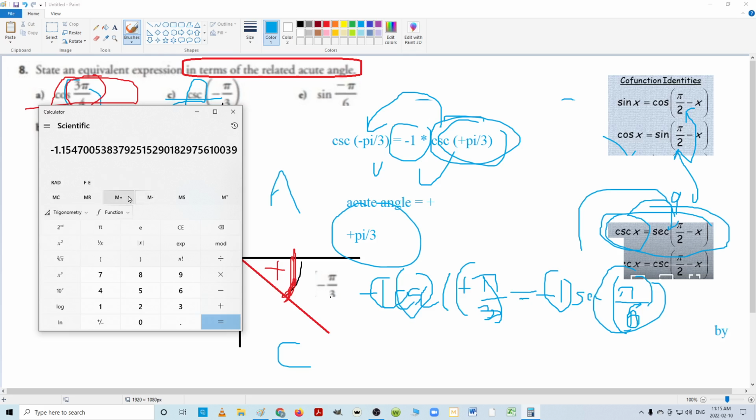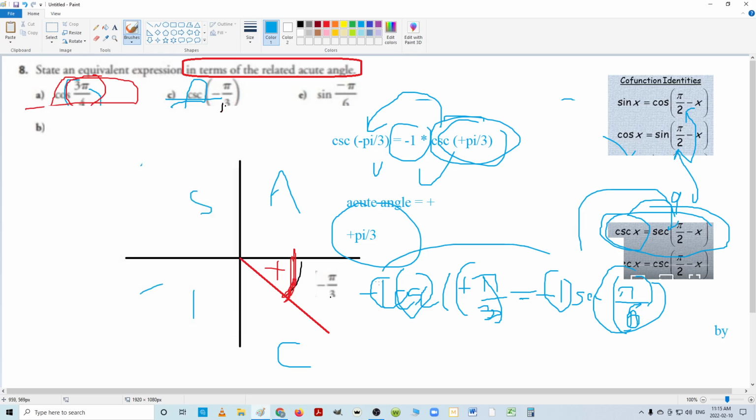So that's my secant of pi/6 multiplied by -1. Now I'm going to take pi divided by 3, and I'm going to take its cosecant and multiply by -1, and I think you'll notice they're the same value.